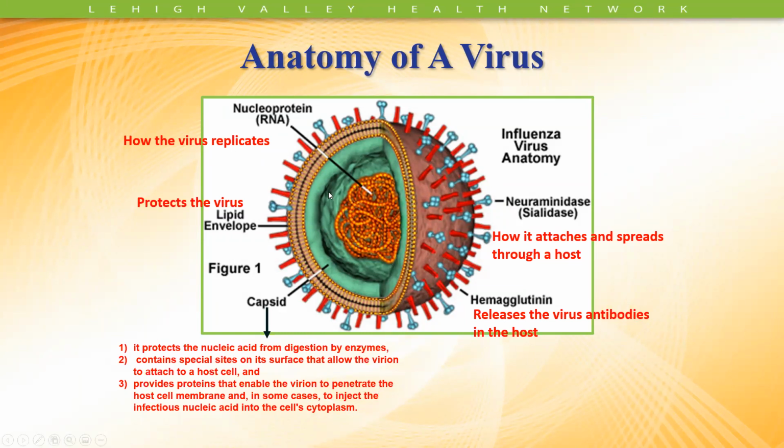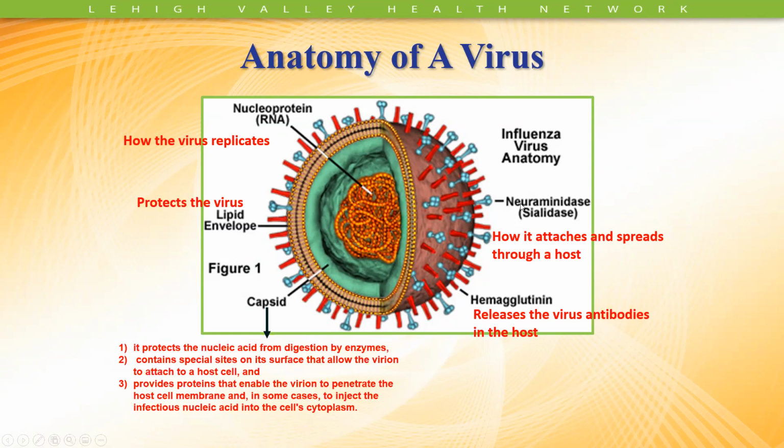So this secretes a fluid in the virion that can go into the spiked cell, that can help cause toxins to go from the virus to the host cell. All right. So it can inject some of the nucleic acid into the cell's cytoplasm.